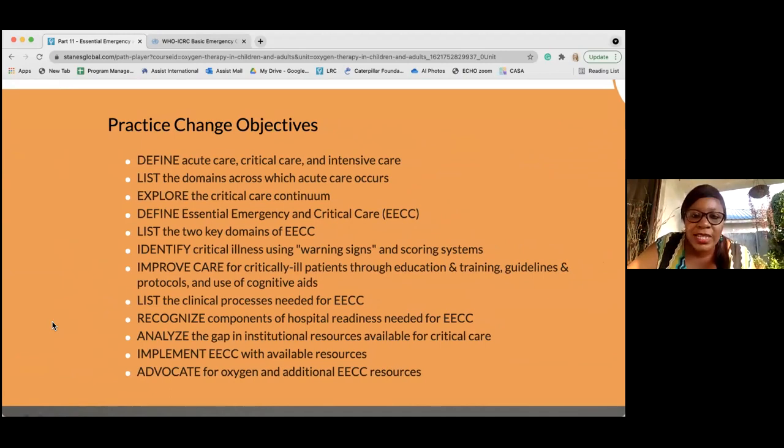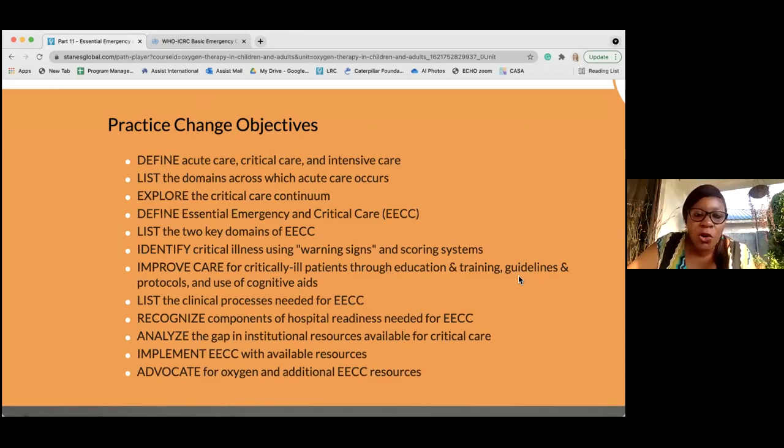We also looked at how care can be improved. The care that we provide as physicians or as clinicians can be improved for critically ill patients through education, training, the use of guidelines and protocols, and also using cognitive aids. This can be in the form of apps on our phones or booklets.